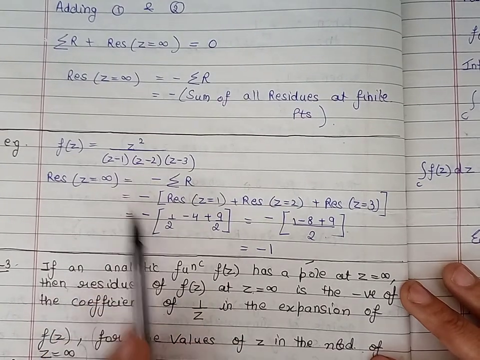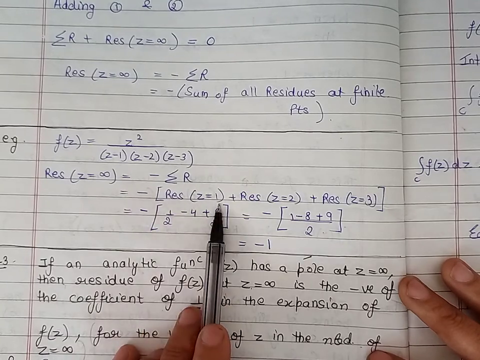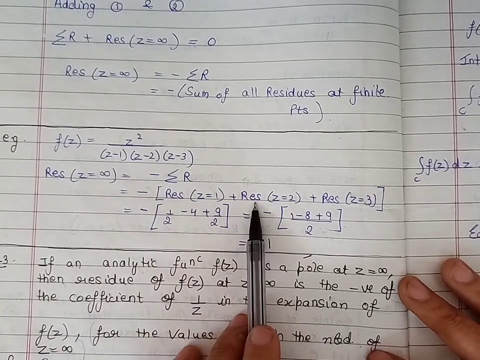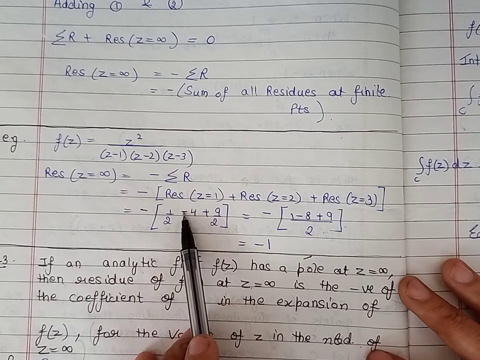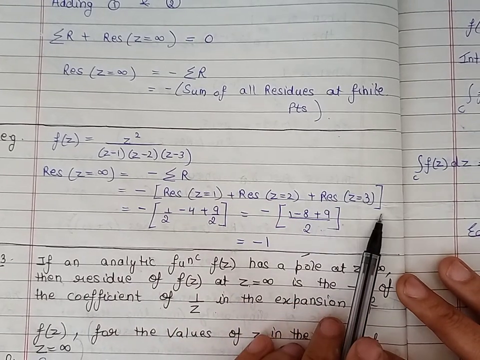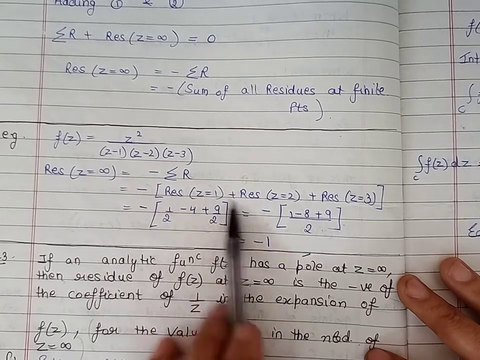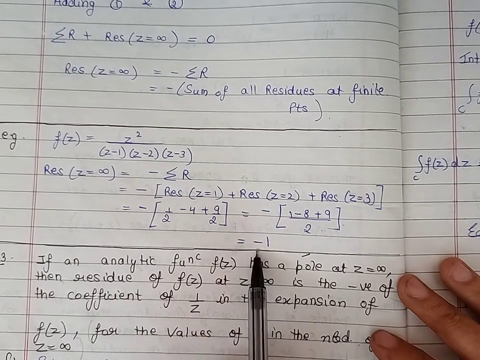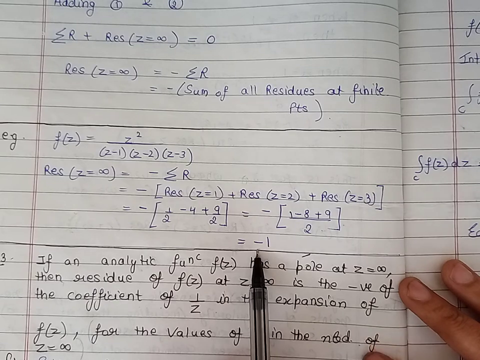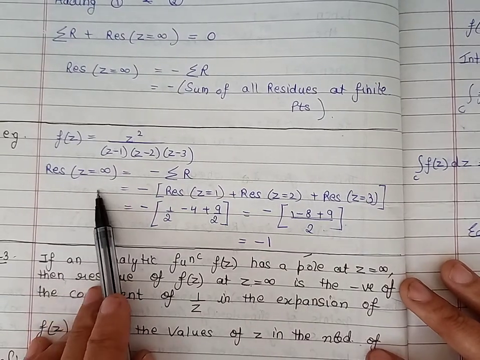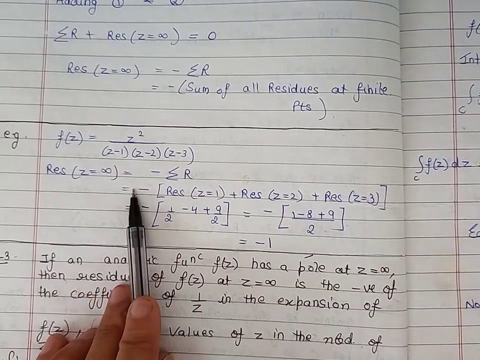Substituting their values here, the residue at z is equal to 1 is 1 by 2, at z is equal to 2 is minus 4, and at z is equal to 3 is 9 by 2. So the negative of the sum of these residues becomes minus 1. So this gives us the residue at z is equal to infinity.